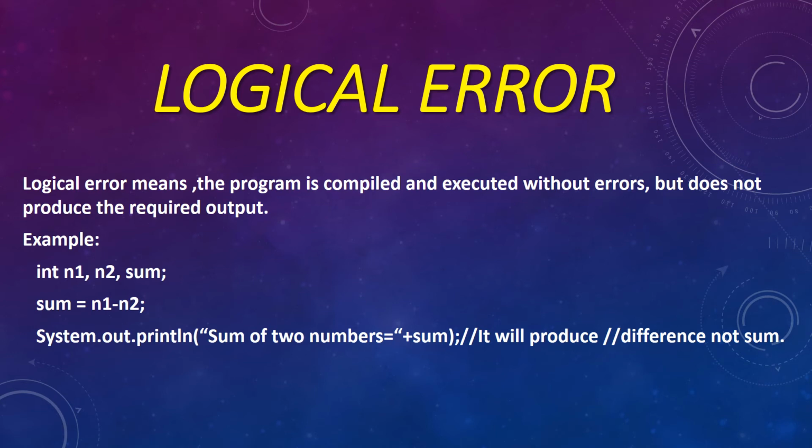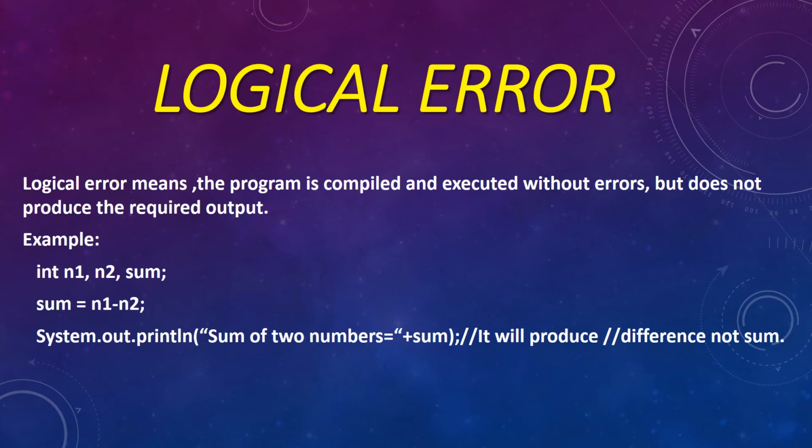Of course, I want to find the sum of n1 and n2. But what command am I giving here? Sum equal to n1 minus n2. If we print the sum variable, what will it print? It will produce the difference of those numbers, not the sum.